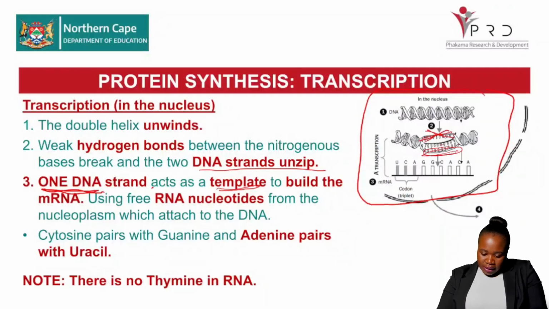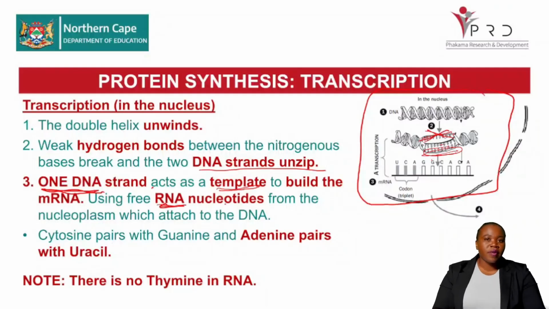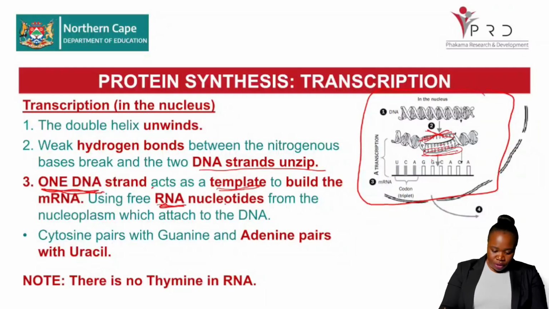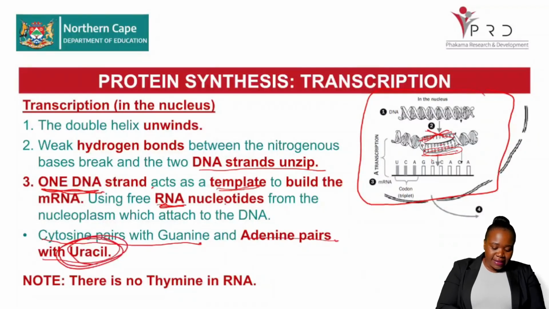Here we can see the mRNA, using the free RNA nucleotides from the nucleoplasm, which will then attach to the DNA. So RNA nucleotides are going to come in and pair with the DNA nitrogenous bases to form that chain of an mRNA molecule. Remember, during complementary base pairing, cytosine is going to pair with guanine, whereas adenine will pair with uracil.